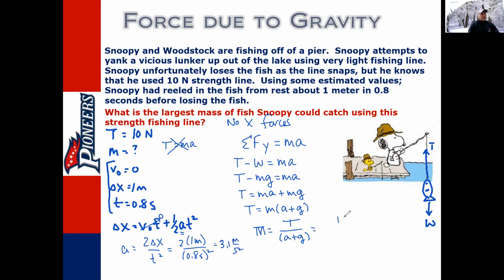And so 10 newtons divided by 3.1 plus 9.8 or 10, whatever you're using, meters per second squared. 10 divided by 13.1 gives me 0.76 kilograms, 760 gram fish. Probably like a little sunfish, bluegill, smallmouth bass, maybe.